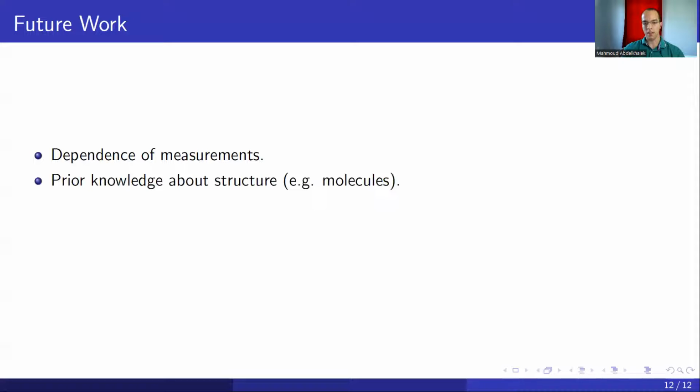Another thing is that we may want to incorporate prior knowledge of other structures. So, for example, molecules. It may be the case that some edge lengths are just not physically possible, while others are. One thing to note about the first two research directions is that, because we're using a black box optimizer, these can be easily incorporated.